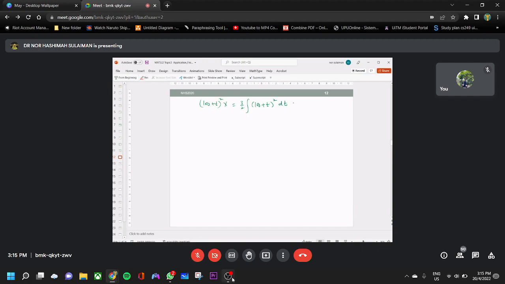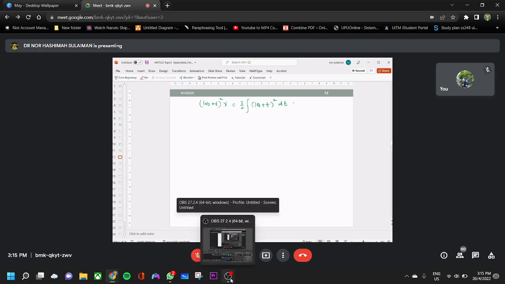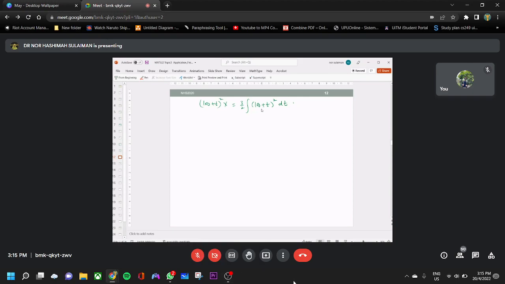Betul? Okay, saya tanya. You all nak expand benda ni dulu ke you all nak buat substitution? Substitution. Kalau saya, sebab coefficient of T ni linear kat sini, jadi saya buat substitution saja.